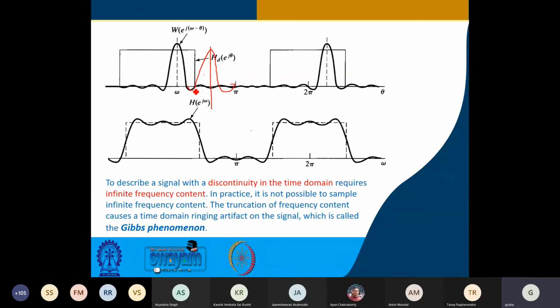So the first side lobe is negative going over here, and this is of much value. Relatively, this height that you have seen before is more. So this negative going area will be there, and of course this small oscillation will continue. They will be contributing, but much of the contribution will come here.